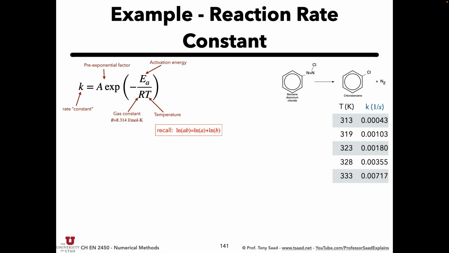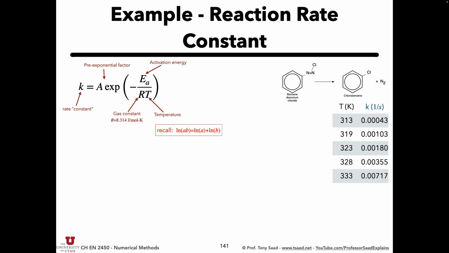You don't know what the pre-exponential factor is, but you can go and measure the reaction rate versus temperature. So at different temperatures, you can measure a different reaction rate. And here we have like 1, 2, 3, 4, 5 data points. Okay? And our objective is to find A and the activation energy. So if I take the logarithm, so this is in the form alpha e to the beta times f of x. In this case, x, the independent variable, is the temperature.